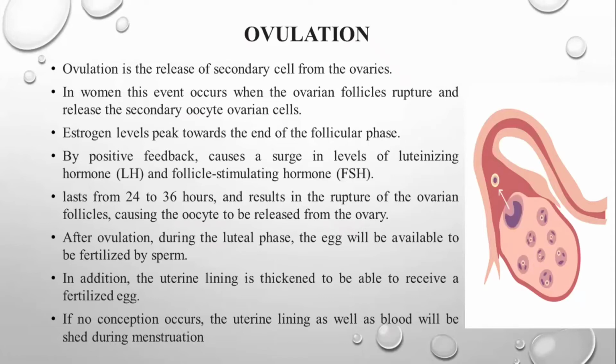This blood along with the endometrium tissue is sent out through the cervix and vagina, and we call it the menstrual phase or the bleeding phase of the menstrual cycle.